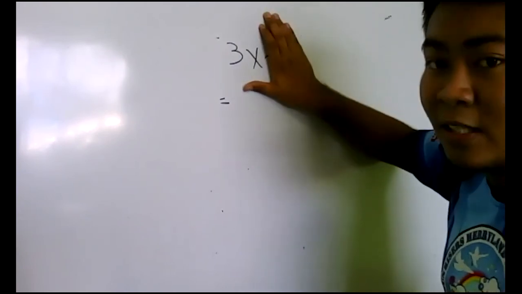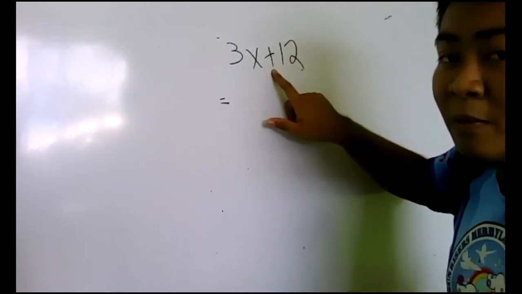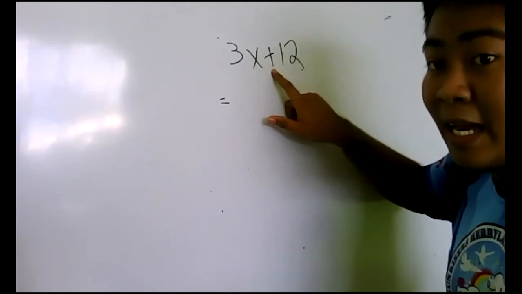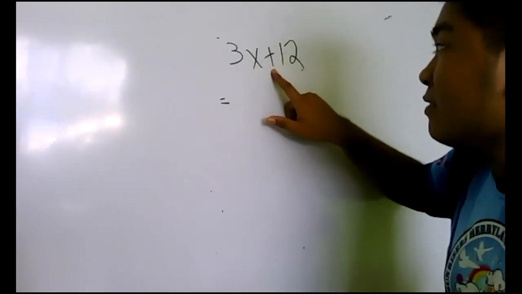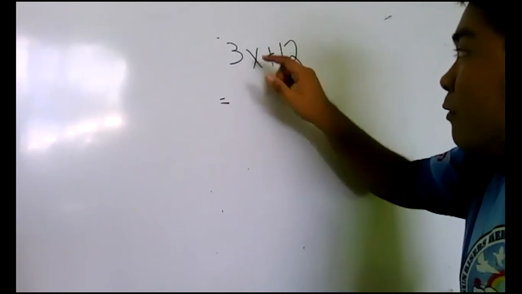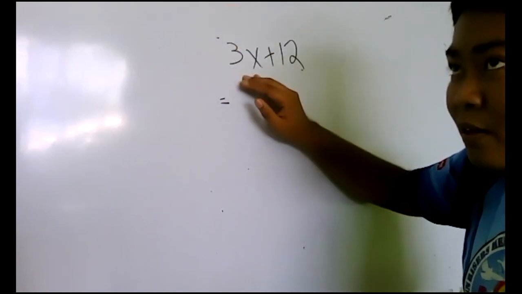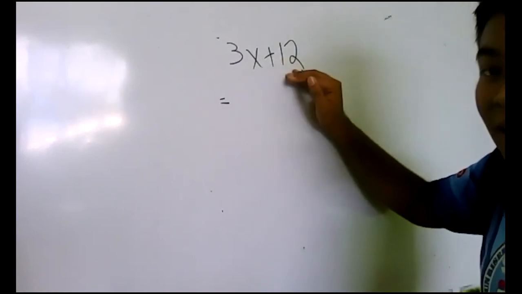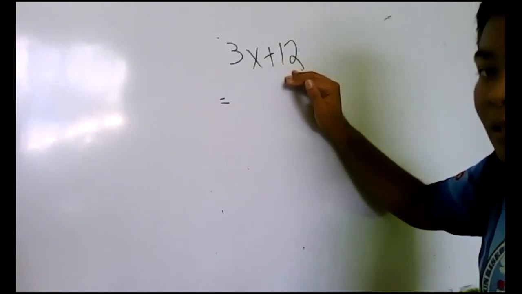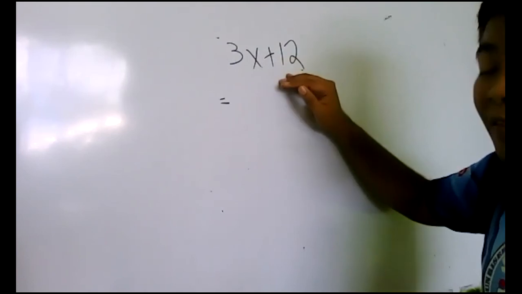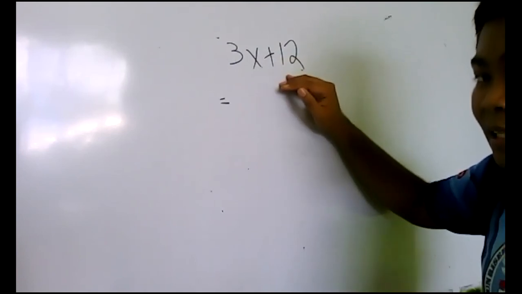So this is the first term, 3x. It is separated by a plus or minus sign to become another term. Therefore, the second term would be 12. So what would be the common factor for the first term and the second term? Is 12 divisible by 3? Yes.